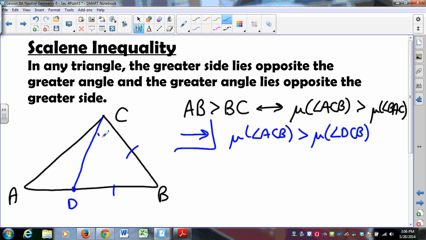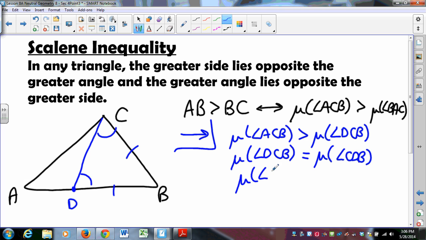But by isosceles triangle, the measure of angle DCB is equal to the measure of angle CDB. So far, so good. But the measure of angle CDB has to be bigger than the measure of angle CAB, because in this red triangle, that angle is an exterior angle.